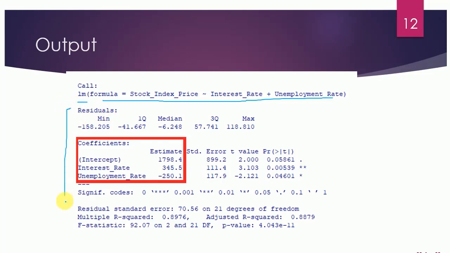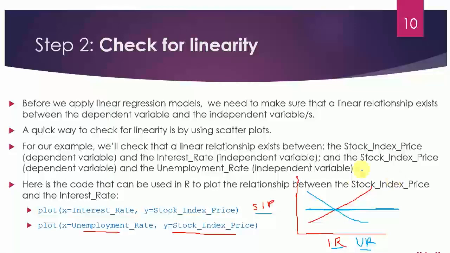The main important part is the coefficient part. Here this shows the estimate of intercept. This shows the interest rate and this is the unemployment rate. Remember that in this graph we have found out that there is a negative relationship between SIP and UR.